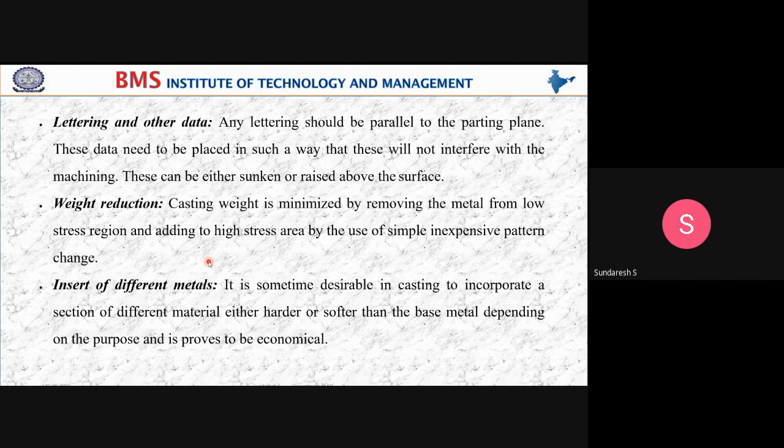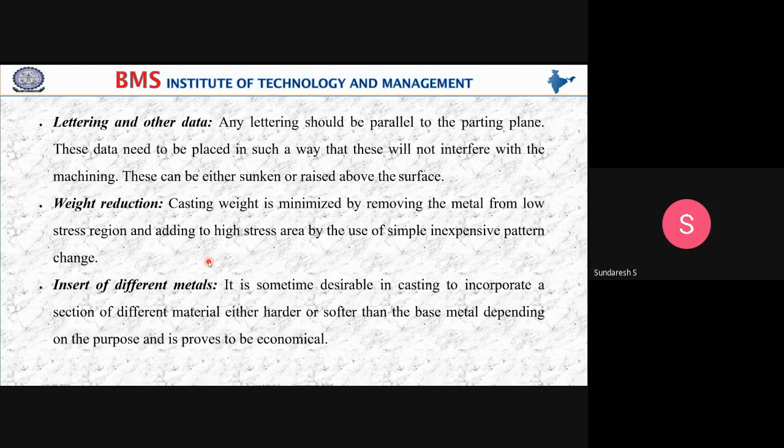And the next thing is inserts of different metals. It is sometimes desirable in casting to incorporate a section of different material, either harder or softer than the base metal, depending on the purpose, and it proves to be economical.